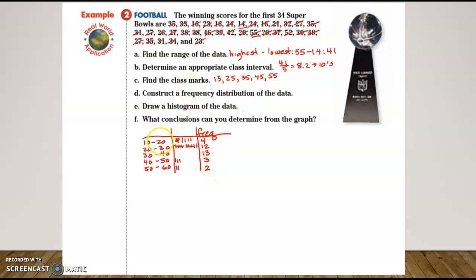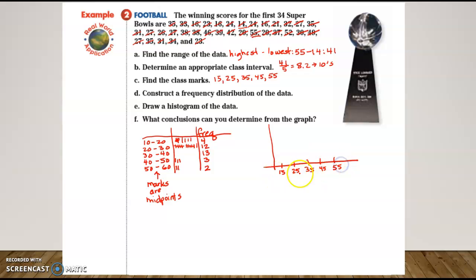When you find the class marks, which are your midpoints, then what it would look like to graph it by hand, you would have this mark right here at 15, then at 25, 35, 45, and 55.